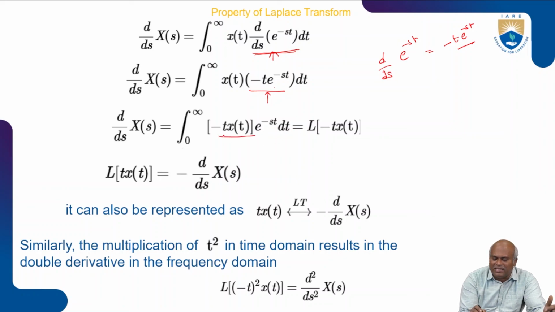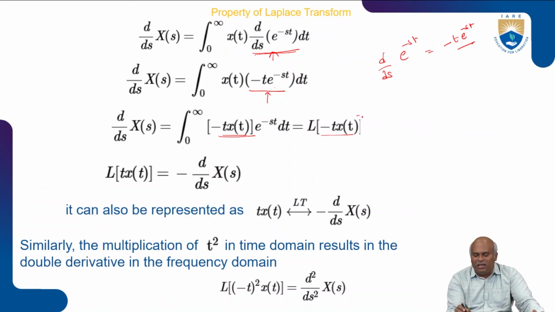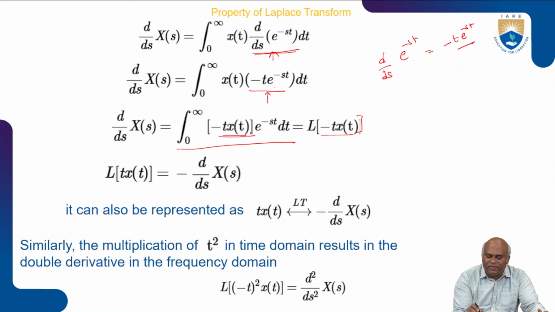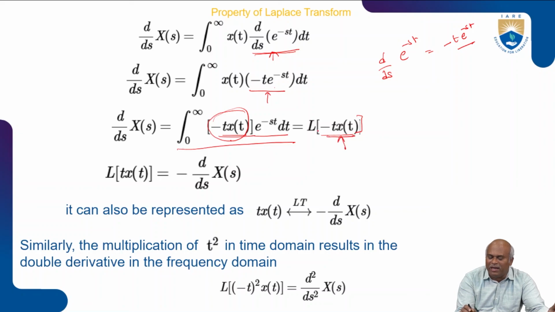So here, that is the Laplace transform of minus t x of t. The remaining terms stay the same.